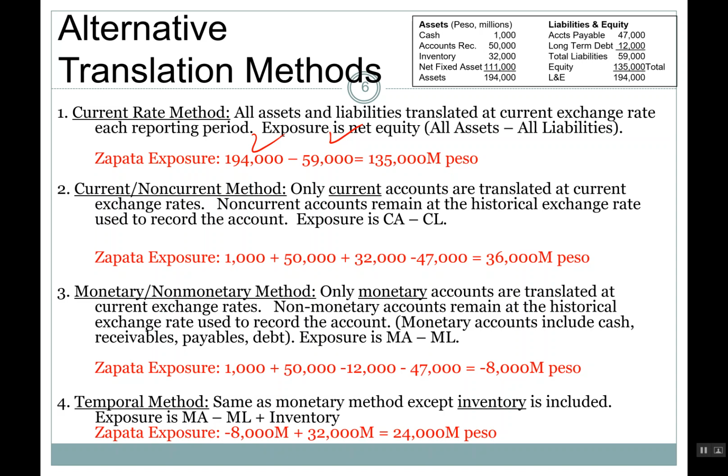Now here's a little bit of confusion on this next one, the current non-current method. The current non-current method is something a little bit different. It says simply revalue the current accounts. Current accounts meaning, say, cash, receivables, payables, inventory, and everything that's expected to occur within 1 year.